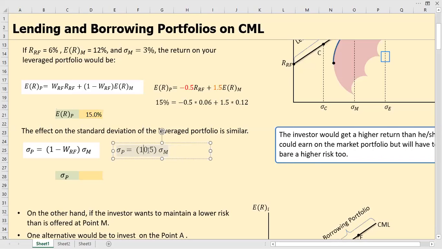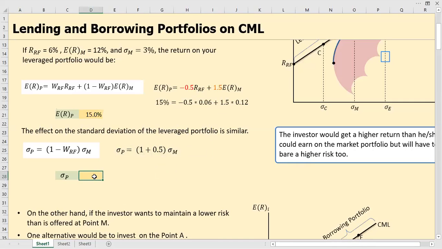Sorry, we have one negative and again negative 0.5. That means two negatives means it is going to be positive. So 1 plus 0.5 multiplied by the market standard deviation.